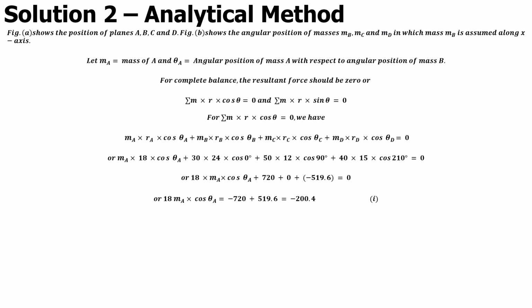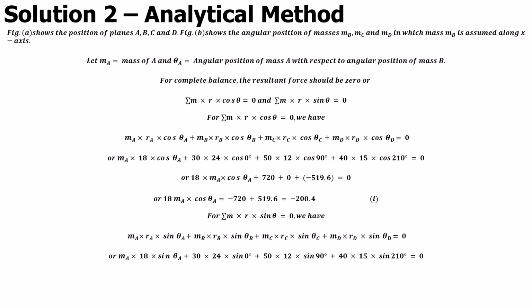We do the same for the vertical components, that is the sine terms, and when we input the values, we end up having equation 2, which gives us the value of minus 300 to be the sum of the vertical components.